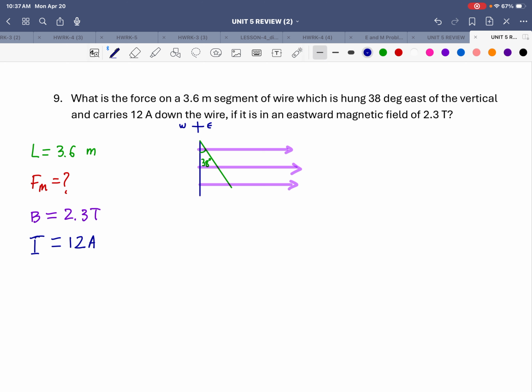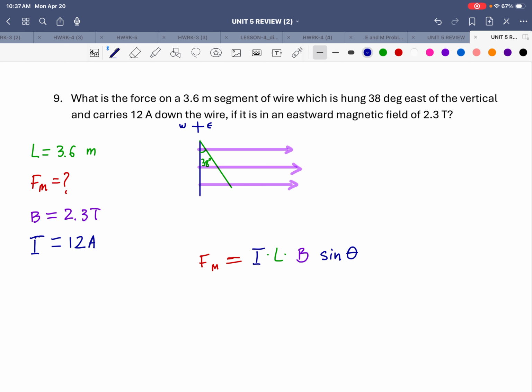Now, we have a formula for this, and there is only one formula, so we don't have to think too hard. The magnetic force would be equal to current multiplied by L, multiplied by B, and then multiplied by the sine of angle theta. Now, remember that we have I, we have L, and in correct units, so we don't have to worry about this.